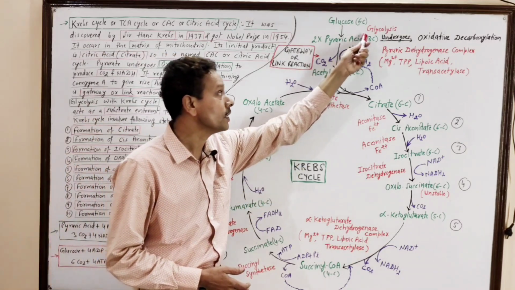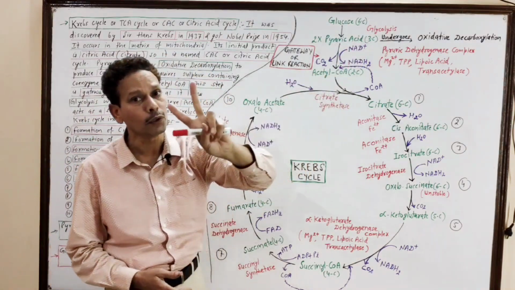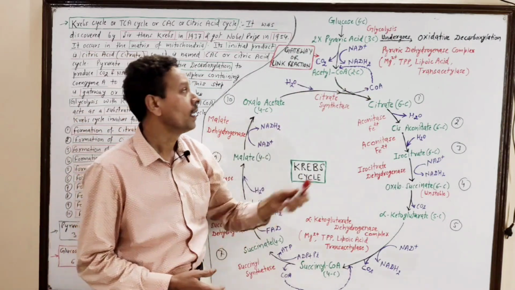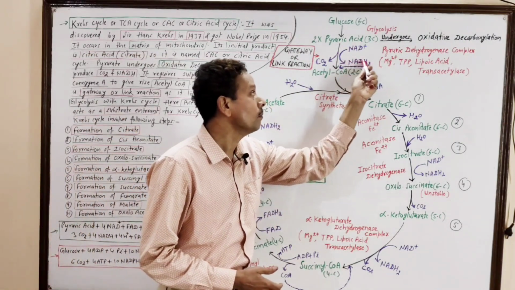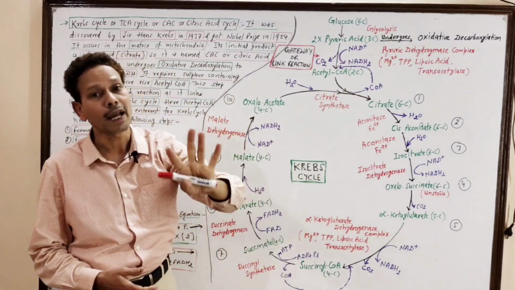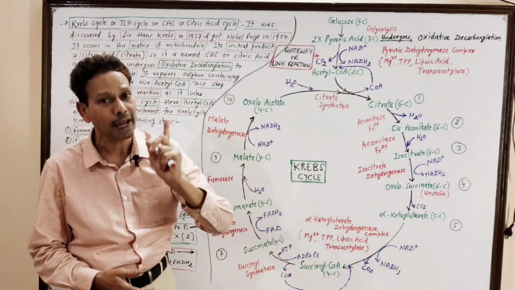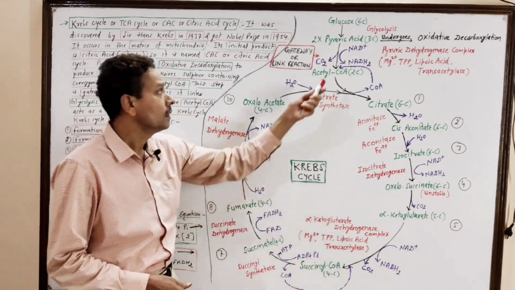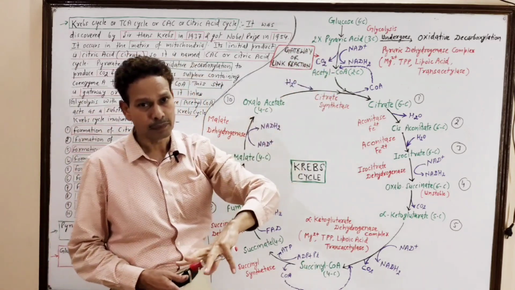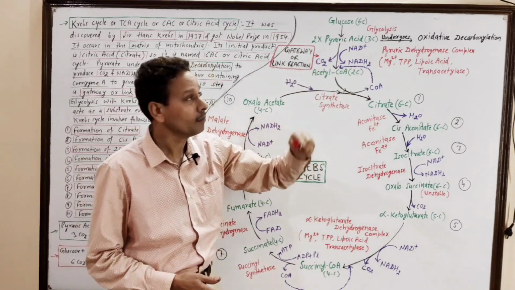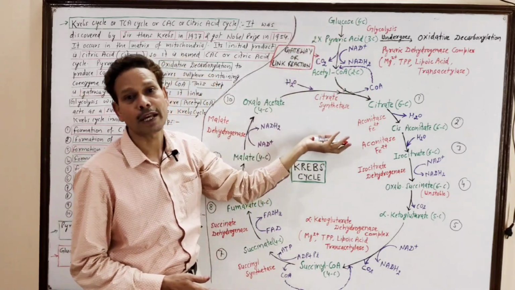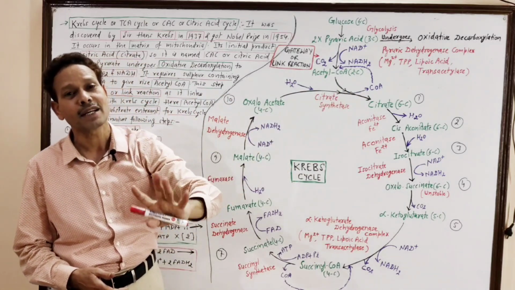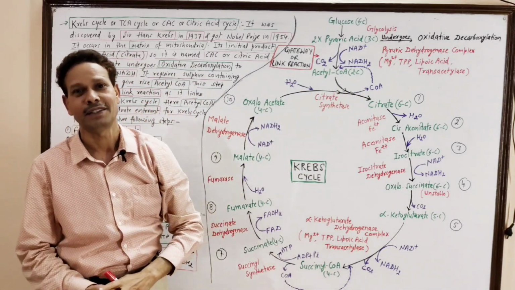It means this 3 carbon compound is converted into a 2 carbon molecule, that is acetyl coenzyme A, and it produces 1 molecule of NADH2 or NADH plus H plus. This step is the gateway step, or a link reaction between glycolysis and Krebs cycle, and this acetyl coenzyme A acts as a substrate entrant.